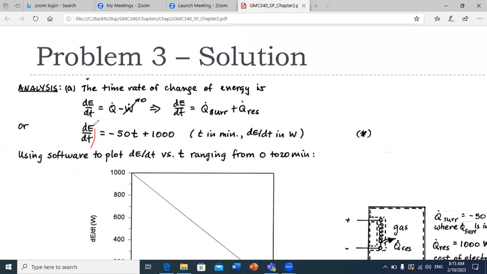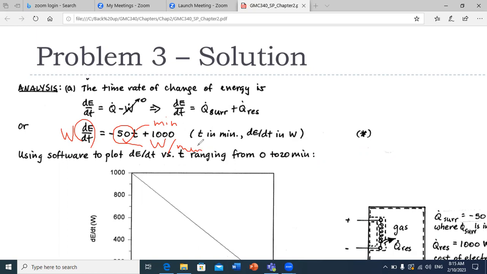For dE by dt, it should be in watt, okay? Whenever they gave us the equations, they told us that T is in a minute. So 50 should have the unit of watt per minute. Then when we do minus 50T, we get the unit of watt.